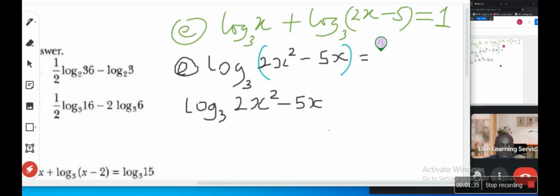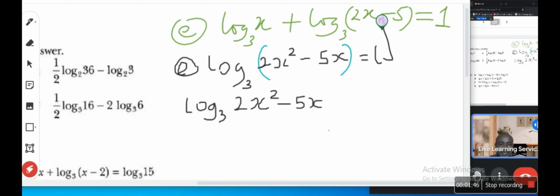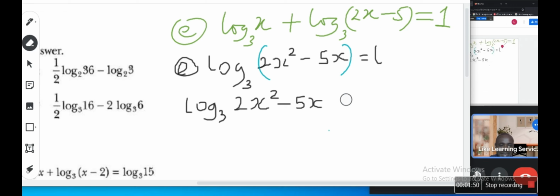Once both sides are in the same base, you can now solve. I see what you're doing. Oh, sorry. Tell me what you want to write. Let me write it.